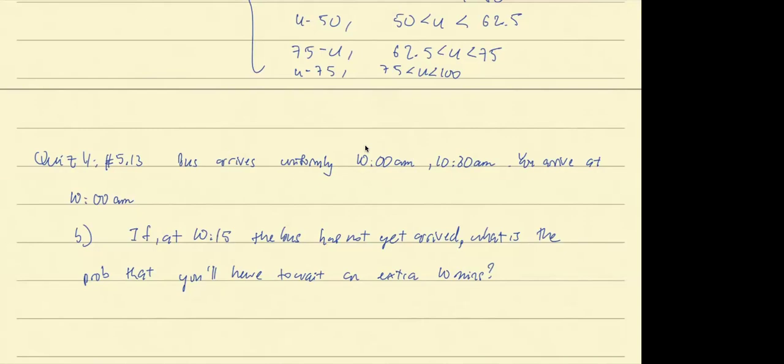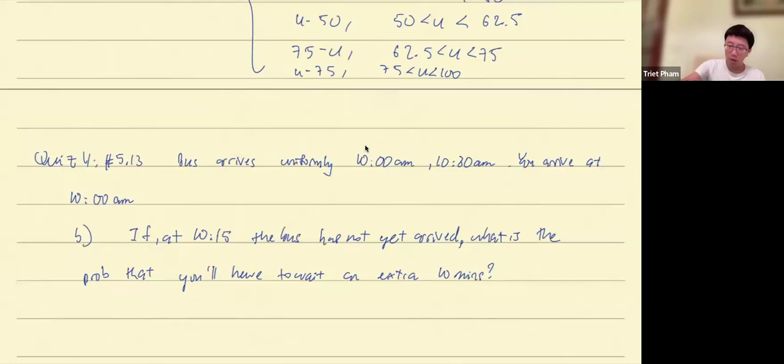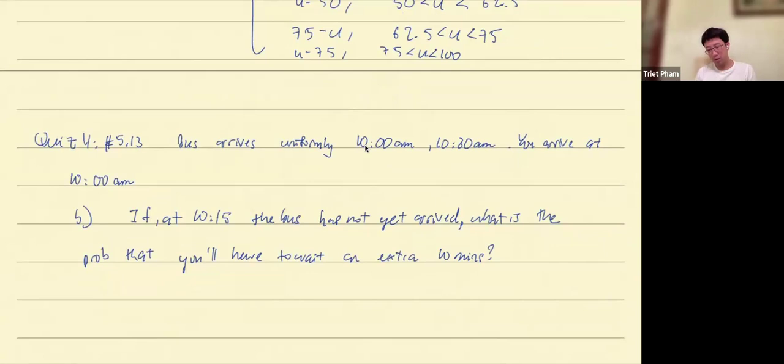The remaining probability is uniformly distributed in the remaining time between 10:15 and 10:30. Yeah, you can do it that way, which is called the conditional distribution, which is slightly more advanced, and which is correct.